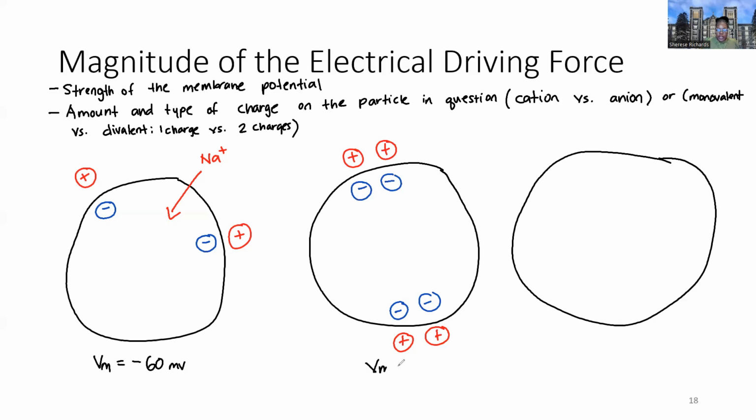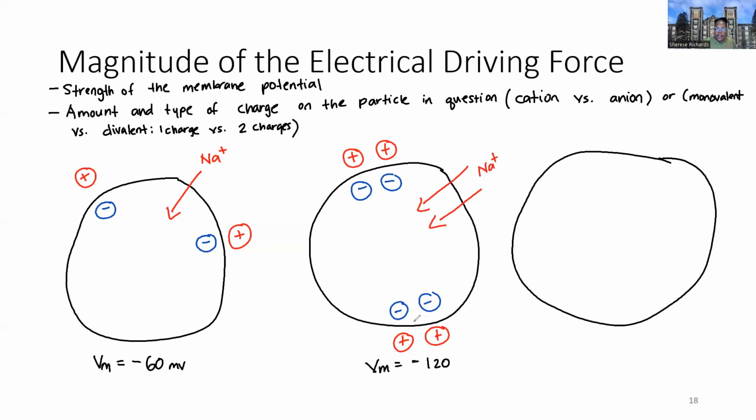So our membrane potential is now -120, okay? So what does that mean? The strength with which sodium wants to move is now going to be twice as much. Now sodium really wants to get into the cell, and we have increased the strength of the electrical driving force acting on sodium.